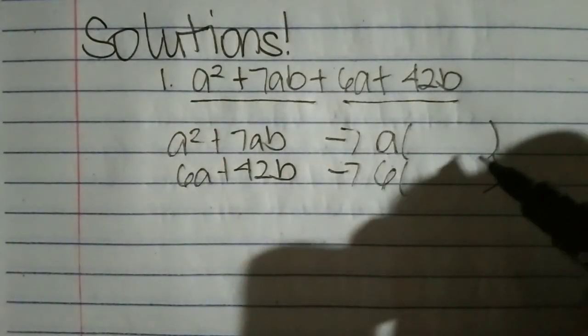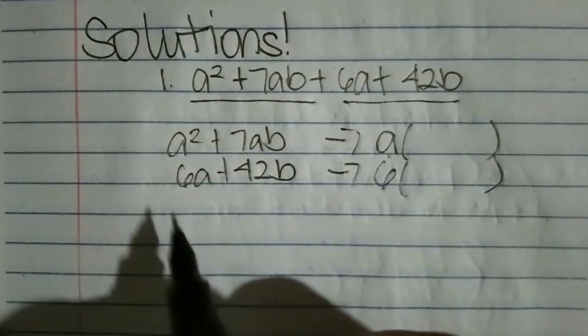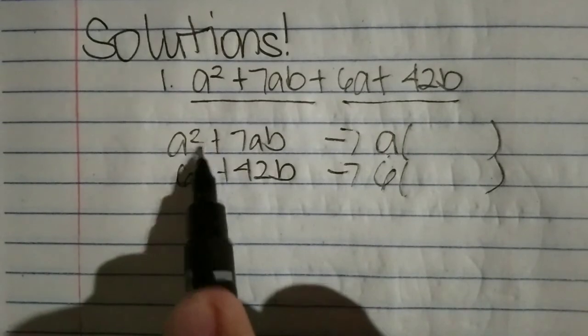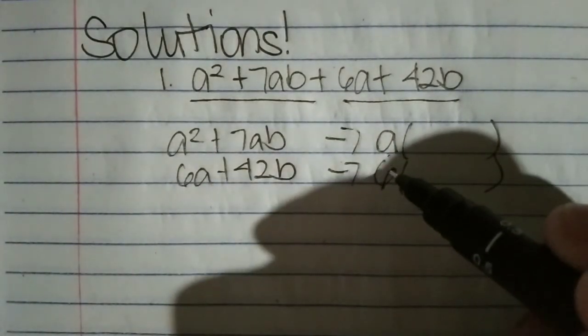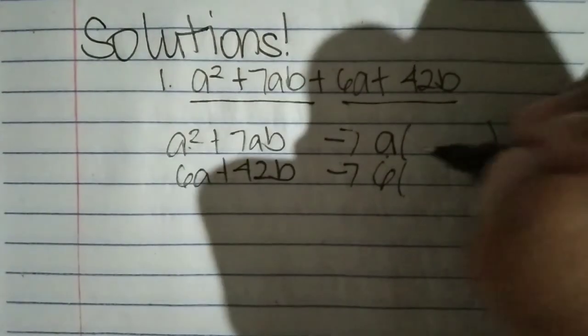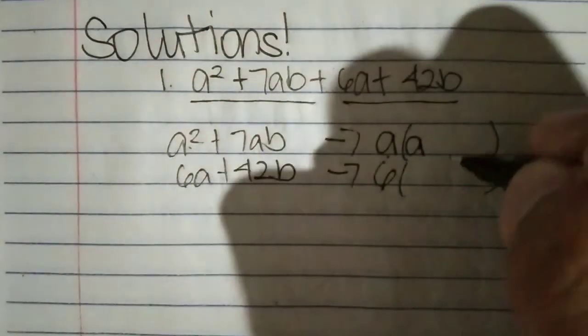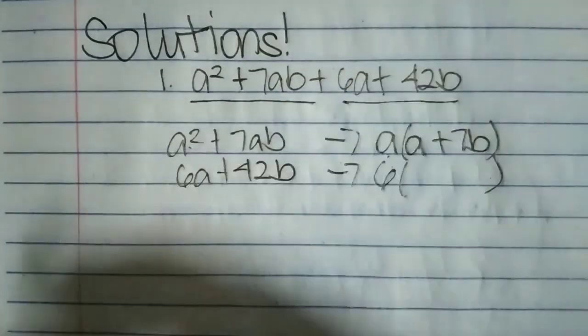To get the second factor, we divide each term of the expression by the common factor. So we have a squared over a is a, then 7ab over a is 7b. Same thing with the second one.